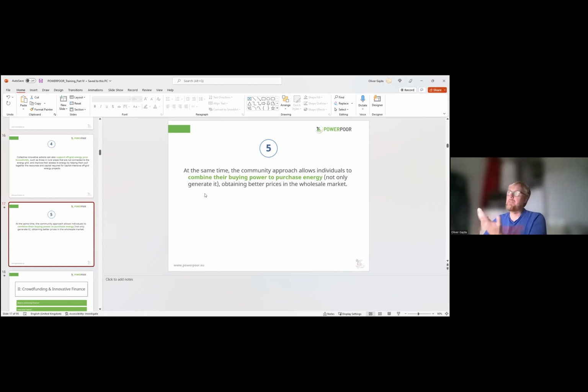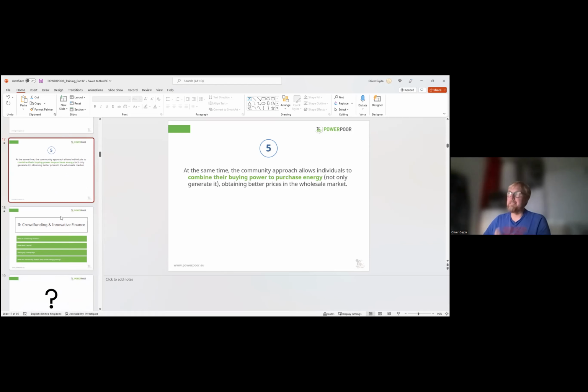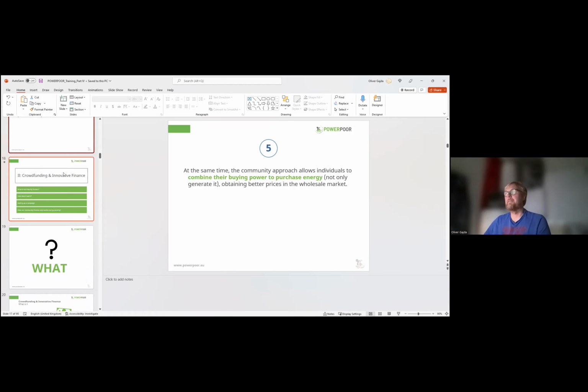And then, of course, I mentioned already, combining the buying power to purchase energy can, in theory, help a better price. For retail users, maybe not, but I think it depends again on the situation you're in.